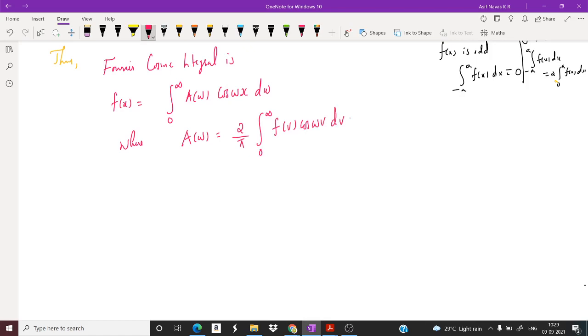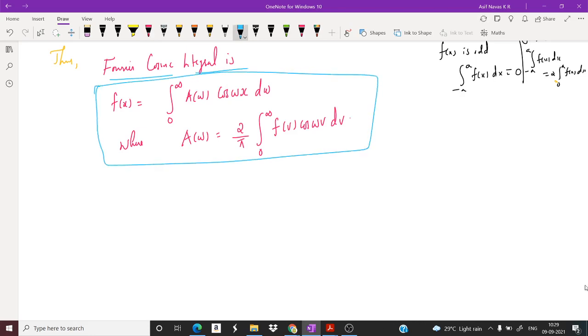Okay, so this is Fourier cosine integral. So remember this formula.